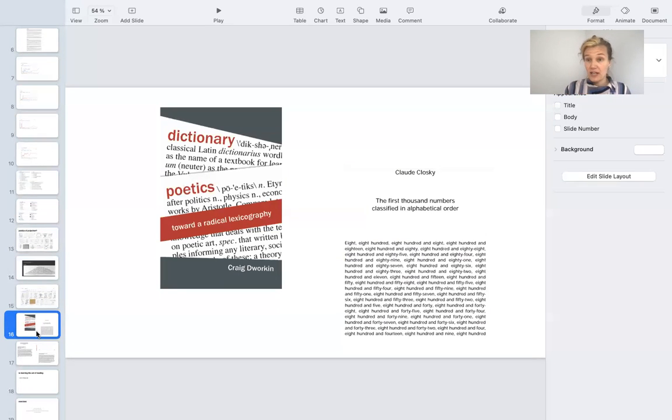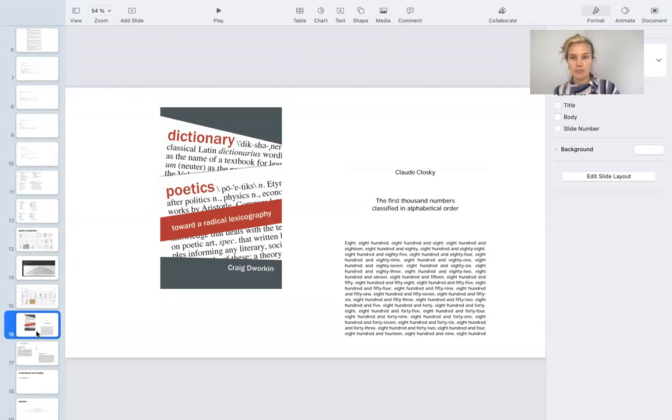This guy, Craig Dworkin, who I mentioned to you a couple of weeks ago, wrote that book called Parse, where he had grammatically analyzed all of the sentences of this old book on grammar and presented that as his text. He also wrote this book, Dictionary Poetics: Toward a Radical Lexicography.